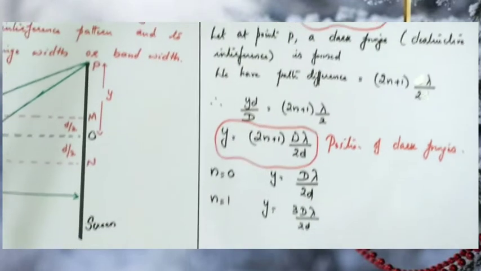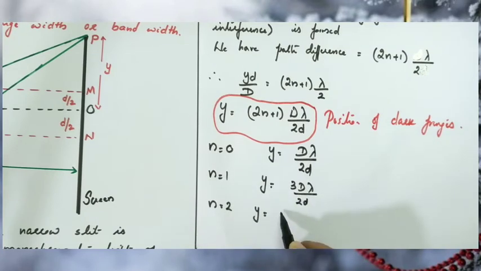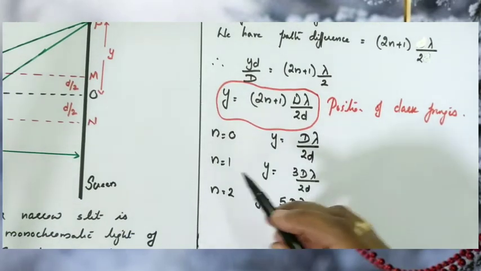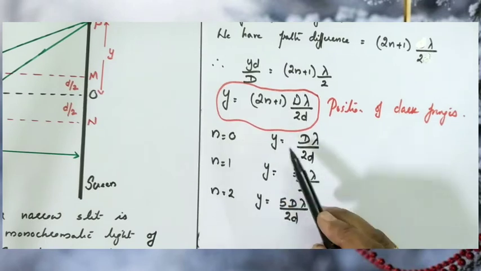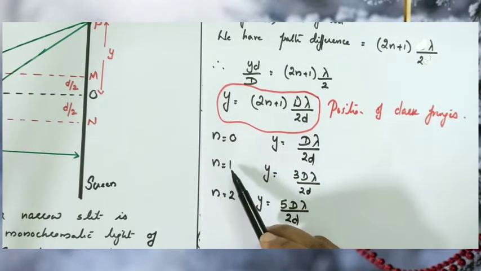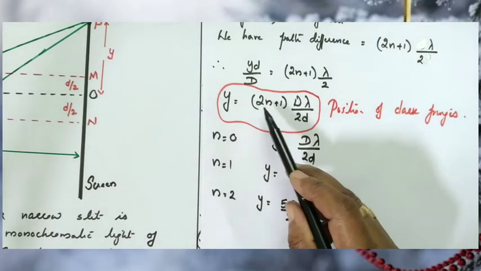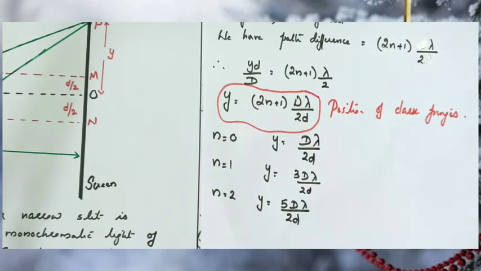Put n equal to 2, y is equal to 5 D lambda by 2d, and so on. Clear? We can take any values. When n equal to 0, y equal to D lambda by 2d. When n equal to 1, y becomes 3 D lambda by 2d. When n equal to 2, y becomes 5 D lambda by 2d, and so on.